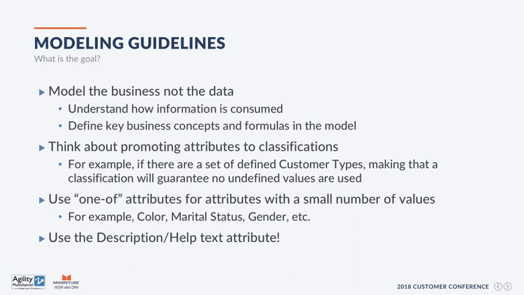So have red, blue, green, yellow, and white, if those are the 5 colors, be the only possible values and have that embedded right into the model itself. Now, obviously, other demographic things like marital status, gender could also be candidates for one-of attributes within the model itself. And those are supported in both MDM and DIW.